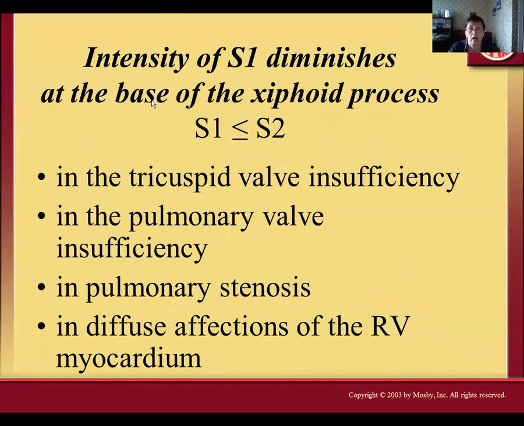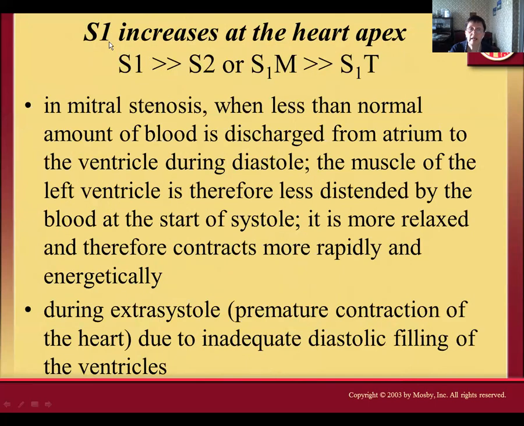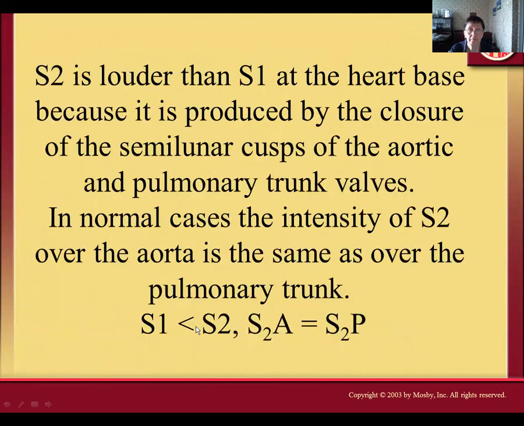Next, if intensity of S1 diminishes at the base of xiphoid process, it will be the other causes which are connected to the tricuspid valve, pulmonary valve, or right ventricle. Intensity of S1 may increase at the heart apex, not many causes for this, it's mainly in mitral stenosis, you see the explanation, or it may be during extrasystole.